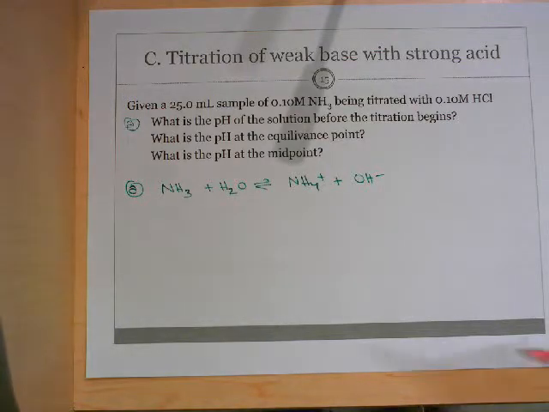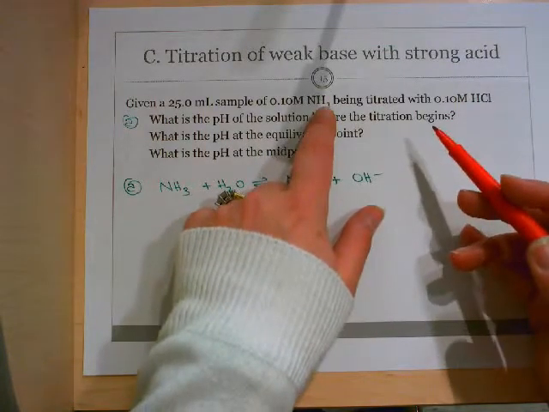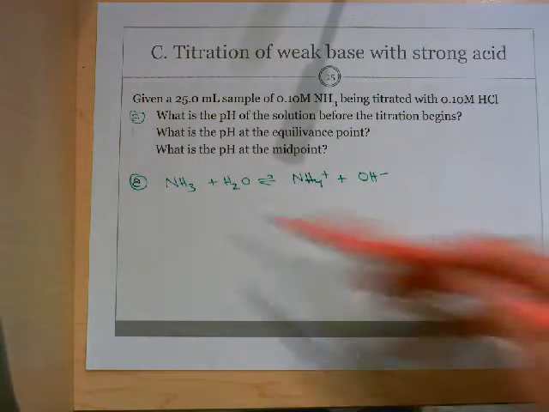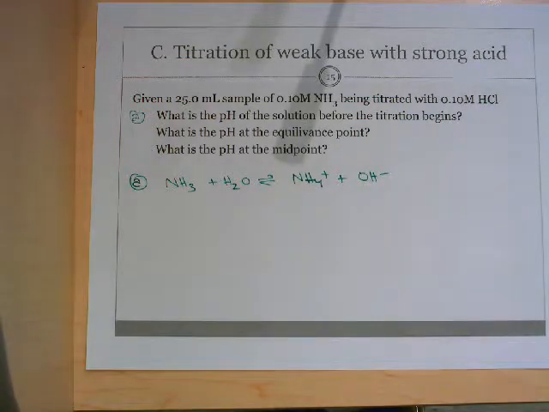Alright, is this a buffer at this point? It is not a buffer, right? Because it only tells you that there's NH3 in there. If it's a buffer, I have to tell you there's 2 ingredients. It is not a buffer yet. It's only NH3.